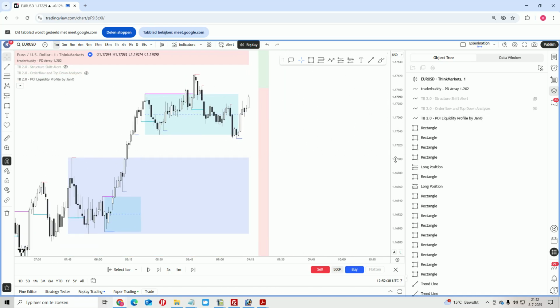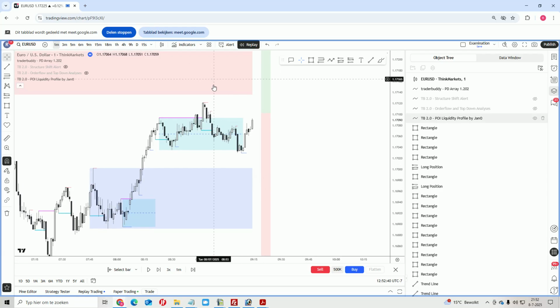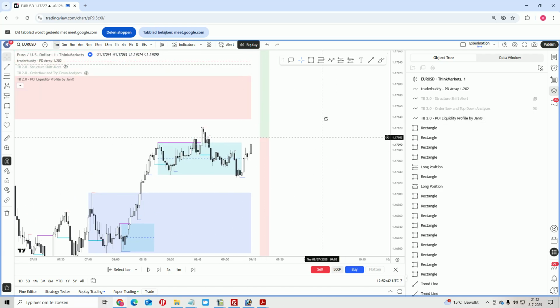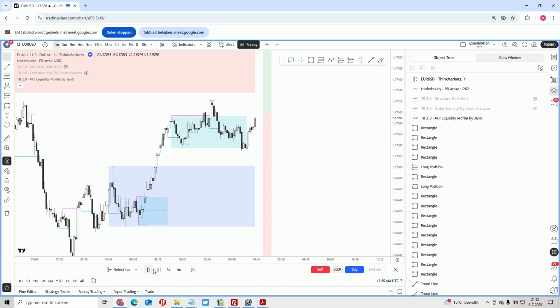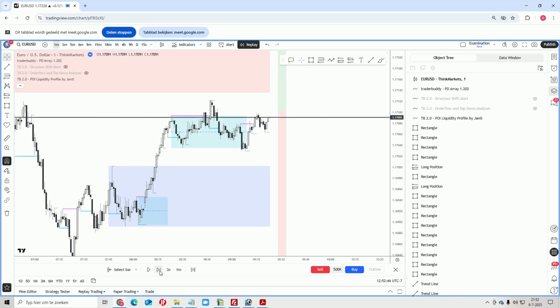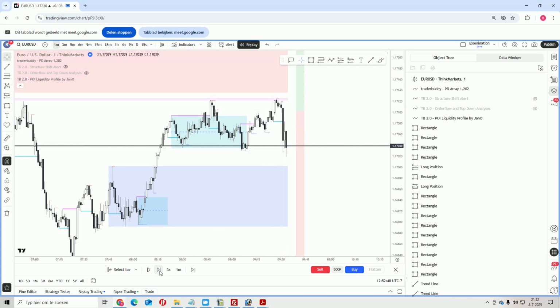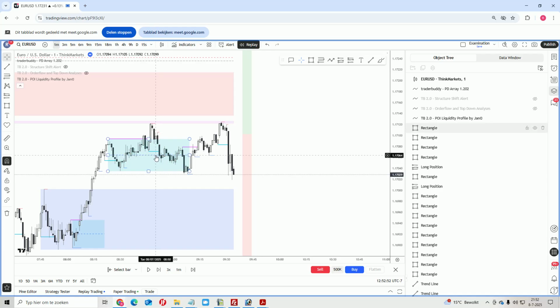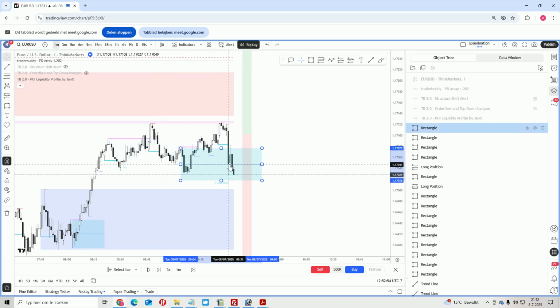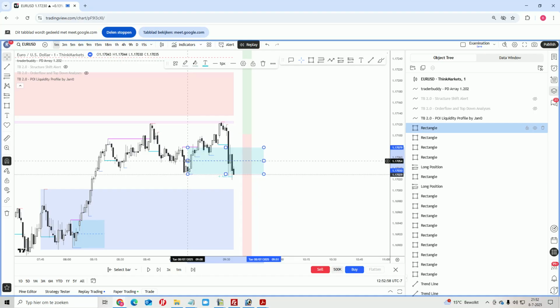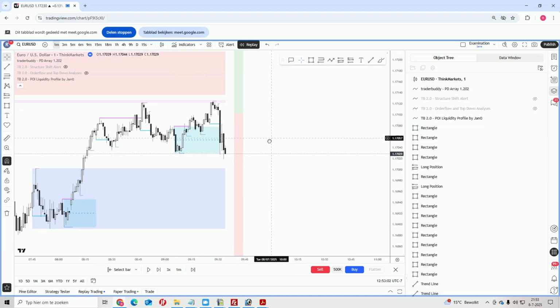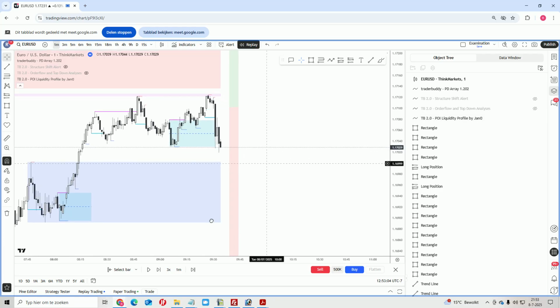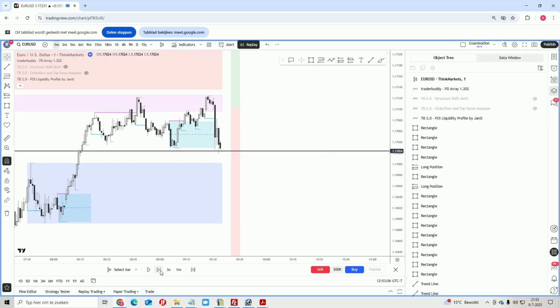So we still track bullish order flow. And we have this higher time frame PD array. We have bullish order flow. Do we break it? Nope. Or close below, let's call it what it is.